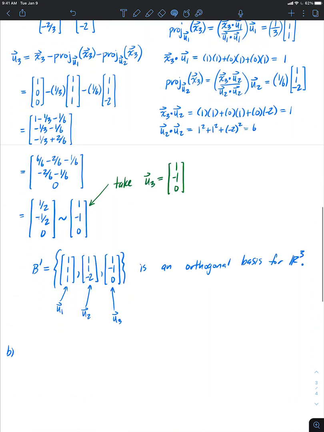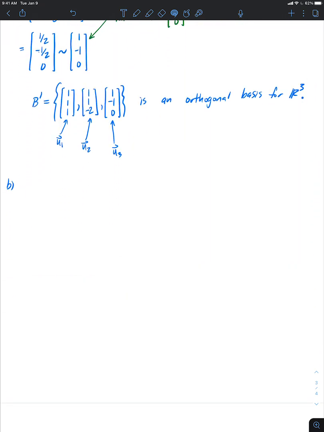So, let's actually find the norm of each of these vectors first. The norm of U1, that's the square root of 1 squared plus 1 squared plus 1 squared, which is equal to the square root of 3. Okay, and the norm of U2 is going to be the square root of 1 squared plus 1 squared plus negative 2 squared.